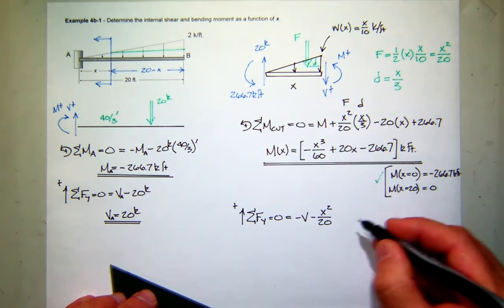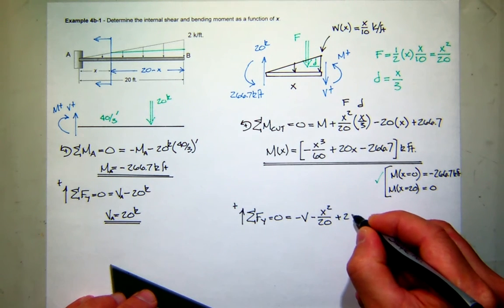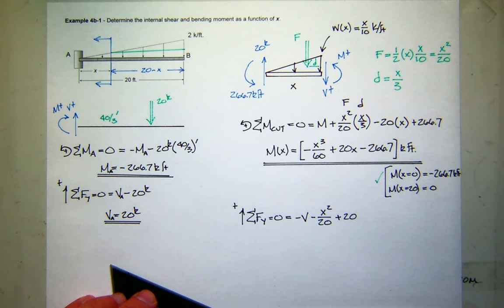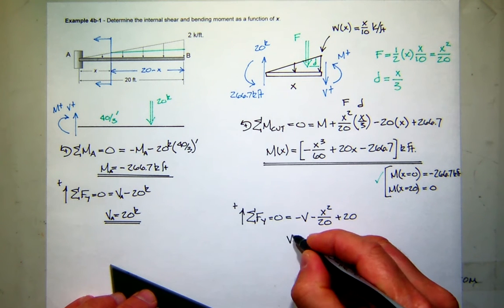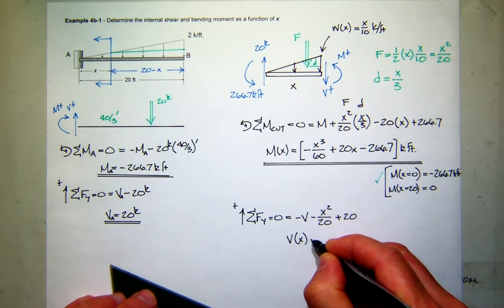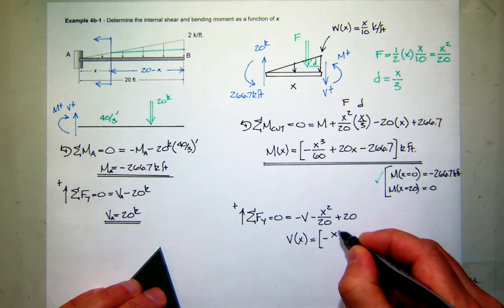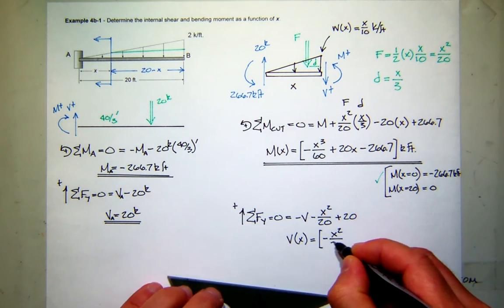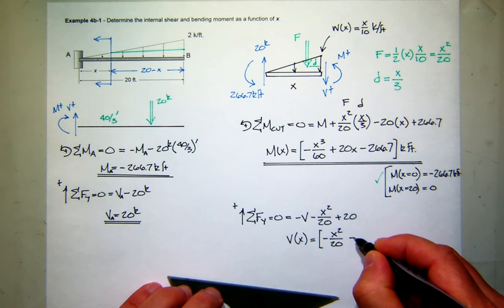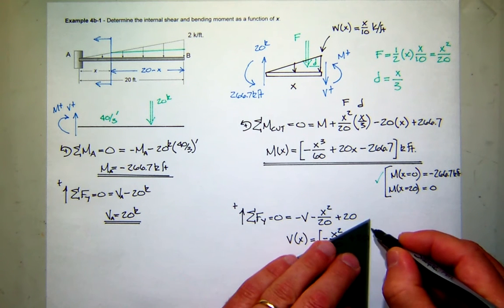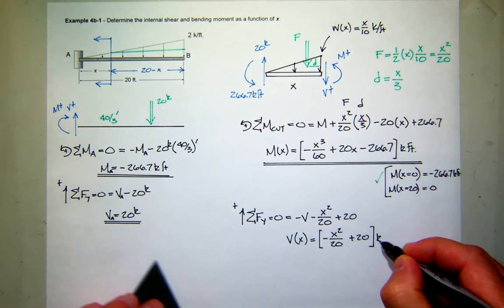And my 20 kip force is up. That's it. So solve for my shear. It looks like my shear as a function of x is minus x squared over 20 plus 20, and that should have the units of kips.